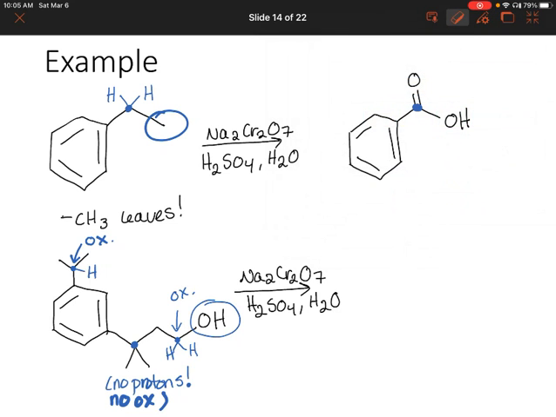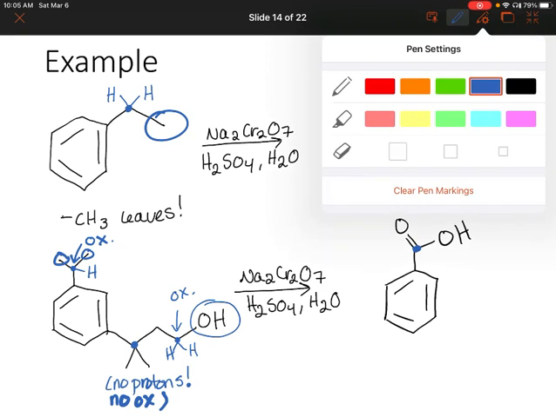So let's draw what this would look like. All right, so again, we're just completely getting rid of these 2 methyl groups and just forming our carboxylic acid at the benzylic position.